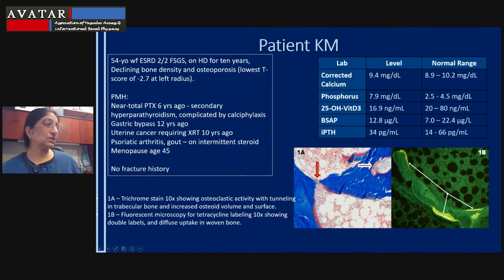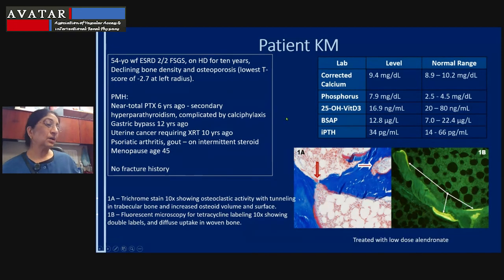And this is actually a resorptive tunnel, which shows that this patient has high turnover bone disease despite having a low PTH post parathyroidectomy. Her fluorescent microscopy with tetracycline labeling shows uptake of tetracycline and good double labels, consistent with the fact that she has high turnover disease.